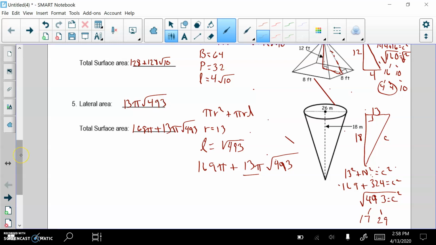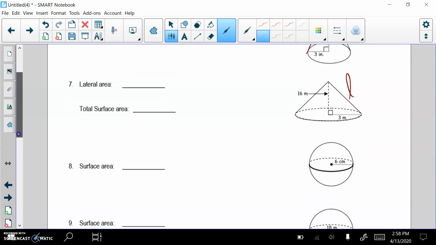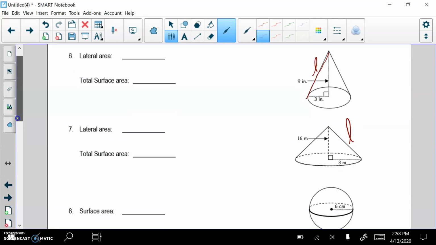So you see what you're going to end up having to do. I don't think I need to do any more. I think you guys understand, I hope. This one you're going to have to do Pythagorean theorem to find the slant. L is missing. I'm not sending you the copy of these.